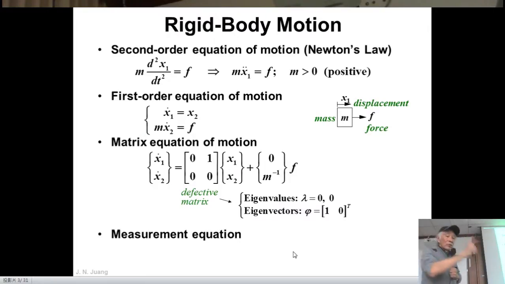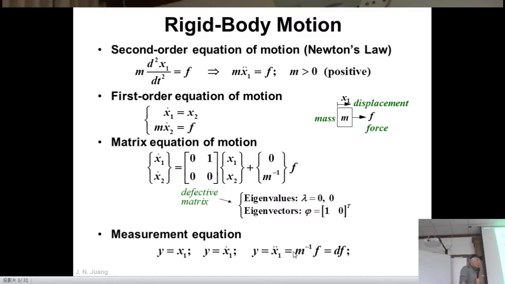The measurement equations. What are the measurement equations? If your measurement is displacement, we call y, that's my measurement quantity, equal to x1. If your measurement is velocities, that y will be equal to x1 dot, also equal to x2. So it depends on what kind of sensor you use.